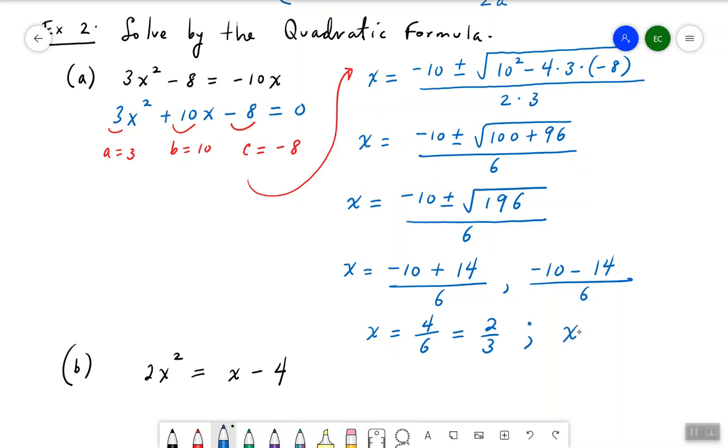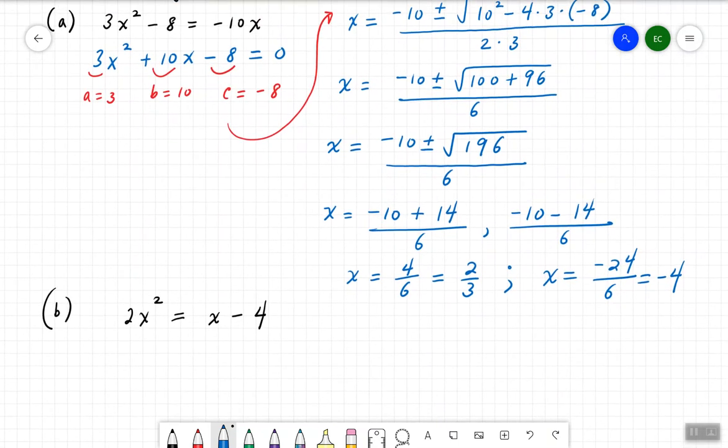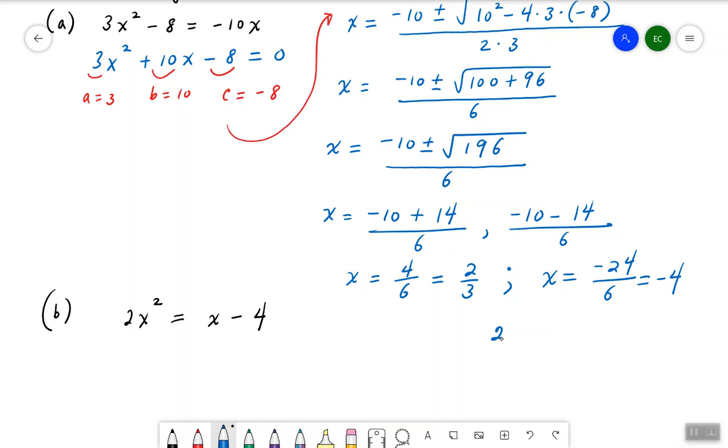The other solution has x equals negative 10 minus 14 is negative 24 over 6, which is negative 4. And so our two answers are 2/3 and negative 4. You can check that those are the same two solutions we got the first time we worked the problem. You could also plug them back into the equation and verify that they really do make the equation true.